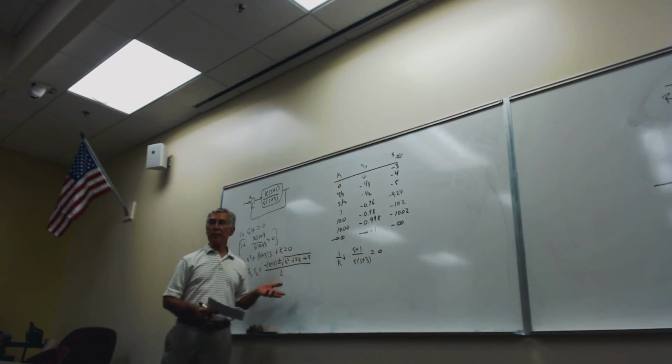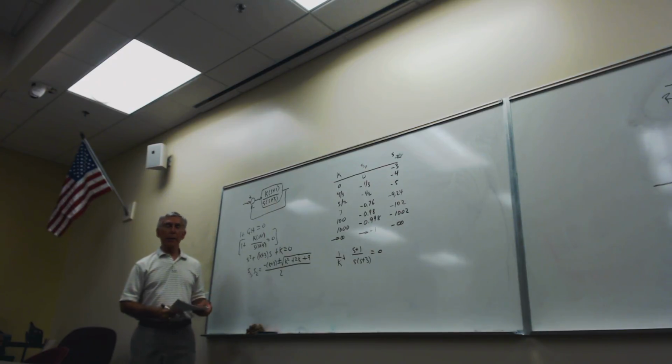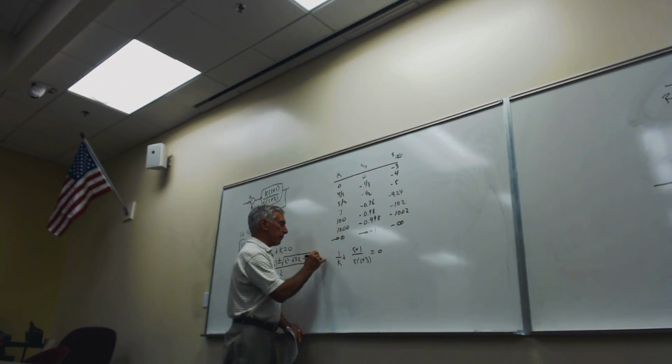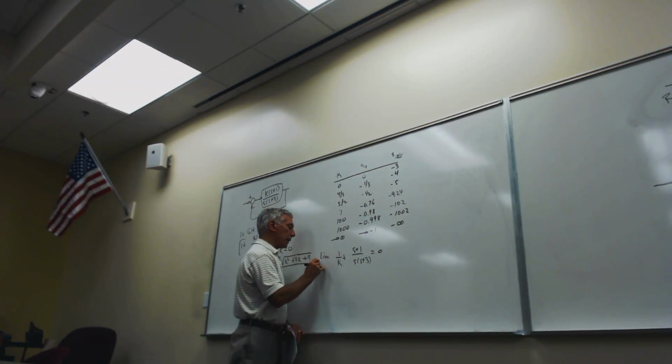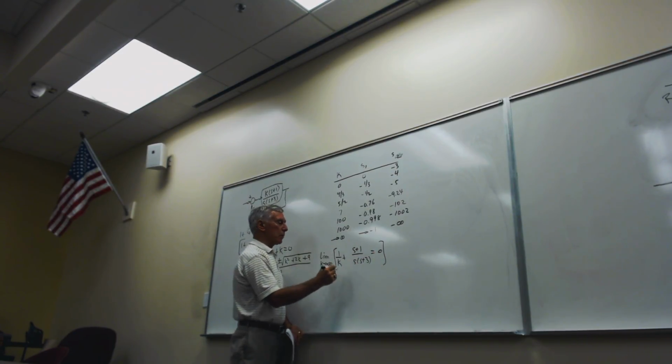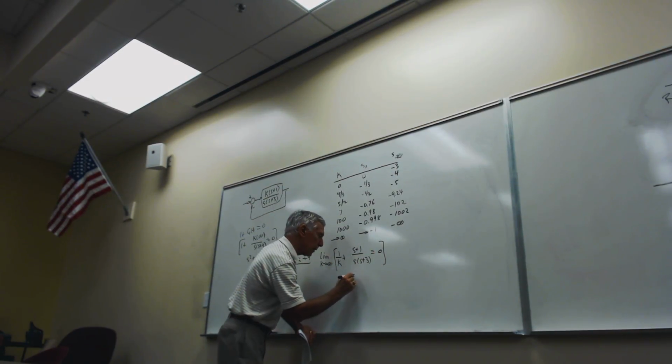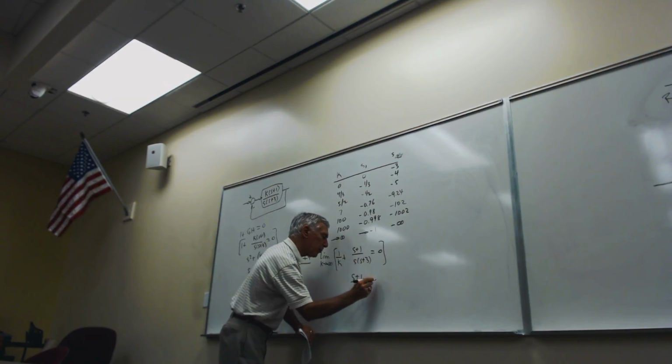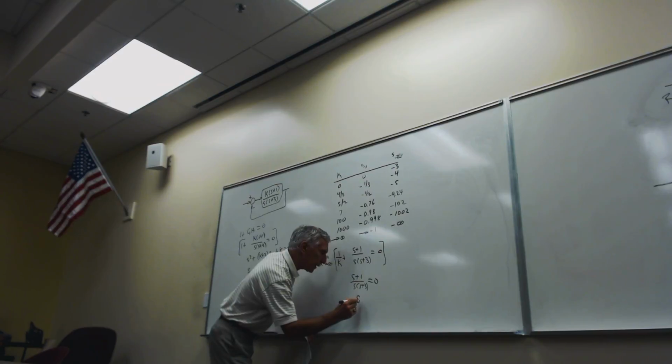I just divided by k. And now I'll take the limit as k gets large, and so this term goes away, and all you're left with is (s plus 1) over (s plus 3) equals 0.